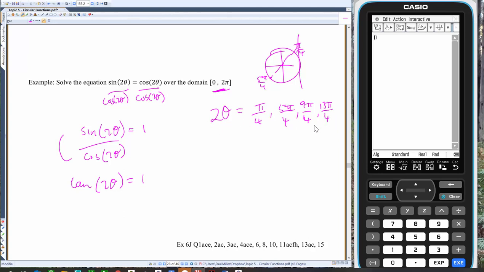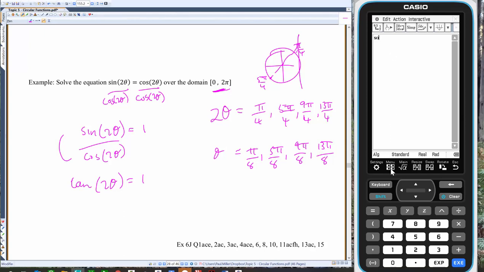Okay, so now I'm going to divide all of these by 2. So theta is equal to pi on 8, 5 pi on 8, 9 pi on 8, and 13 pi on 8. Right, so that's when this will occur. Let's just check it out on the calculator.